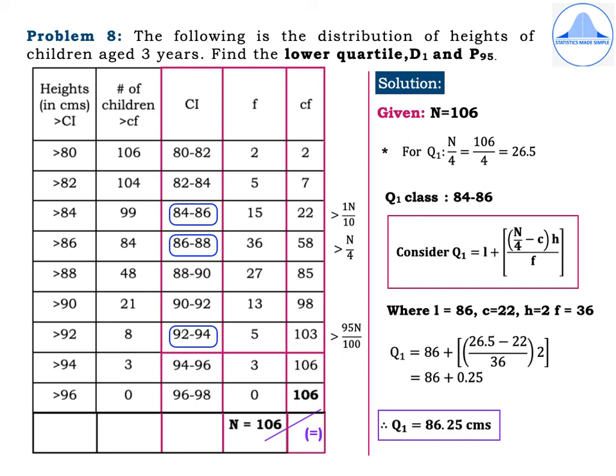Then consider Q1 equal to L plus (N by 4 minus C) into H by F, where L is equal to 86, C is 22, H is 2 and F is 36. On substitution, you get Q1 equal to 86 plus (26.5 minus 22) divided by 36 into 2, which is equal to 86 plus 0.25, or Q1 is equal to 86.25 centimeters.